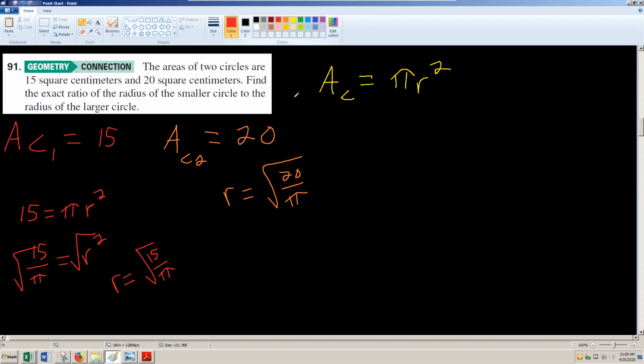So I'm going to just be doing r divided by r here. So when I'm looking at this problem, I'm going to write these things in. Square root 15, actually I'll do it in the same color still, just to stay consistent. So here I got root 15 over pi.